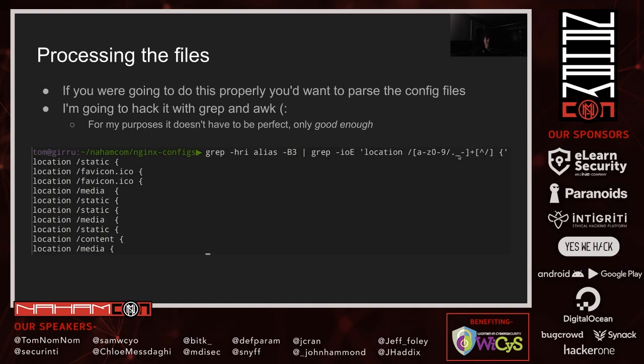So it's one or more characters that match that set, and then one character that does not match slash, followed by a space and then the curly bracket at the end. So that should find me all of these location blocks which contained an alias and did not end in a slash, which should be vulnerable to this off by slash issue.